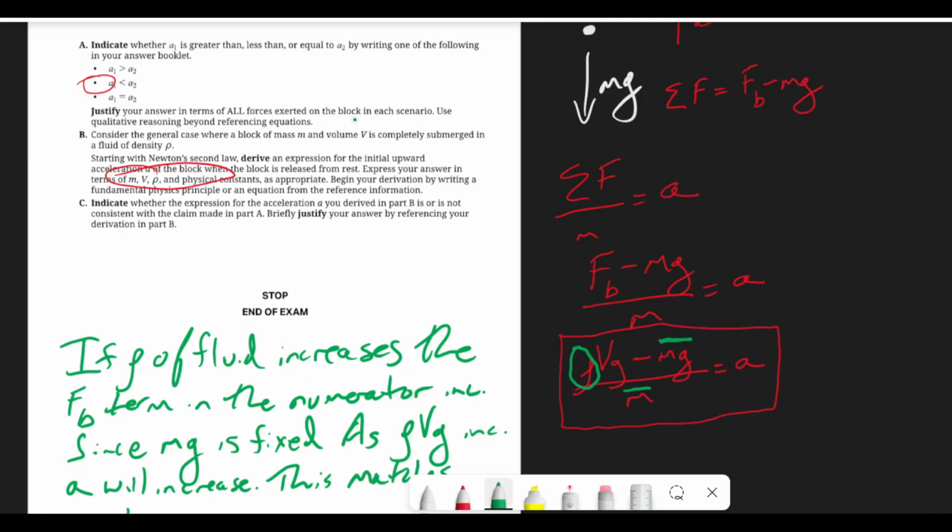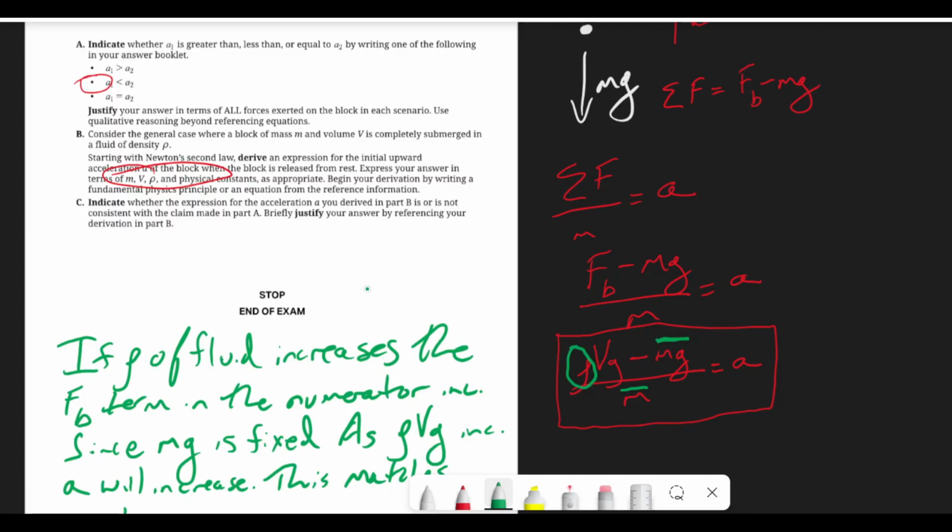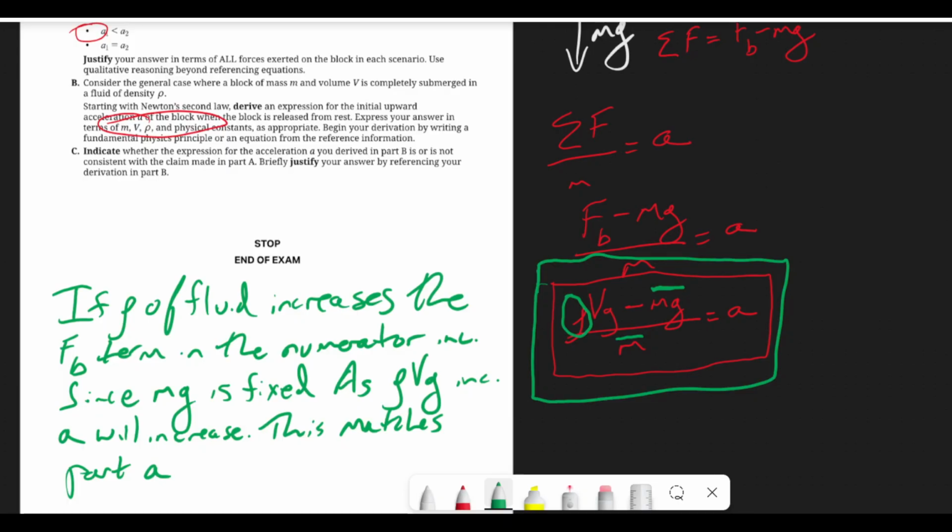We said it was going to be greater where the density was greater, because the density of the fluid displaced is greater, causing that greater acceleration. So we can say that the equation we found in part B is consistent with what we said in part A. I referenced my derivation and connected it back to my claim in part A, and that is my final answer.